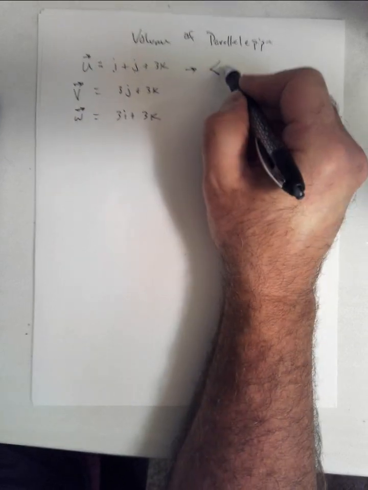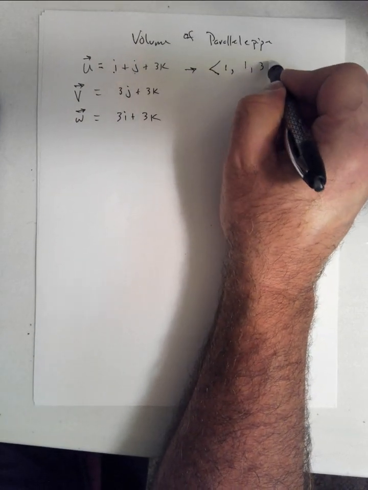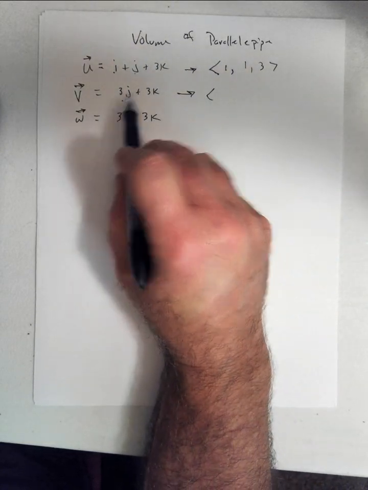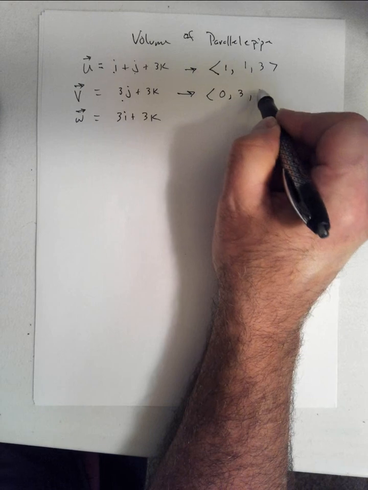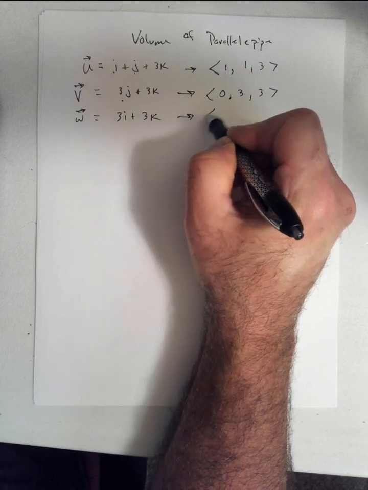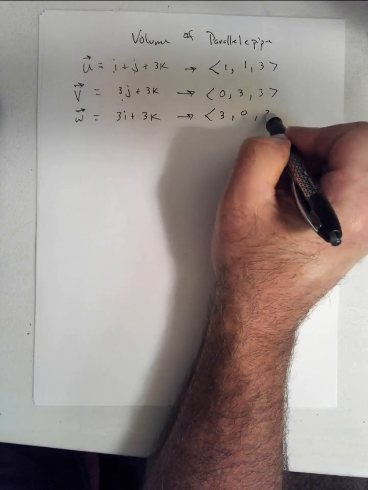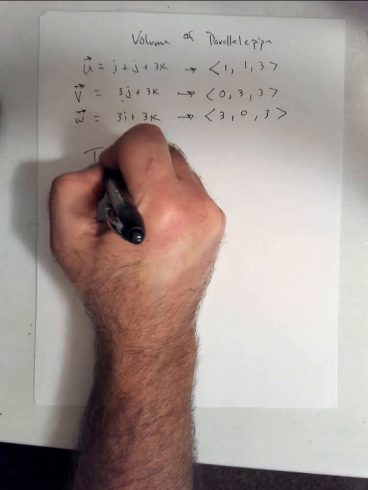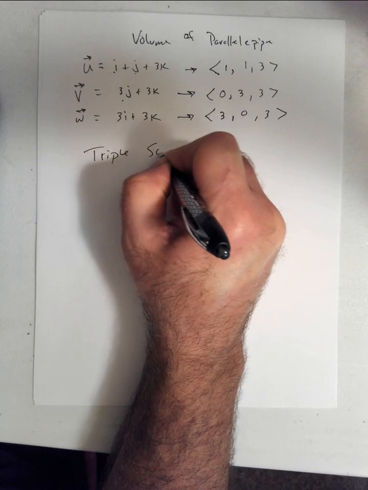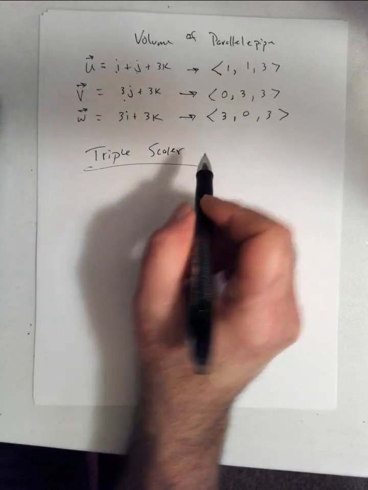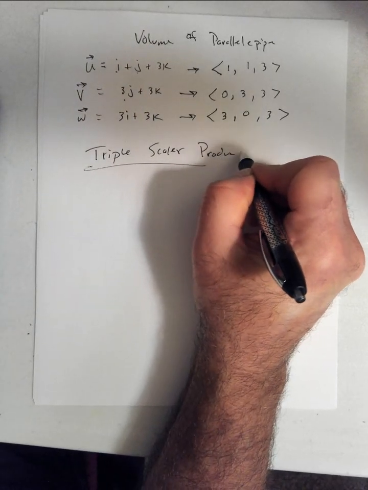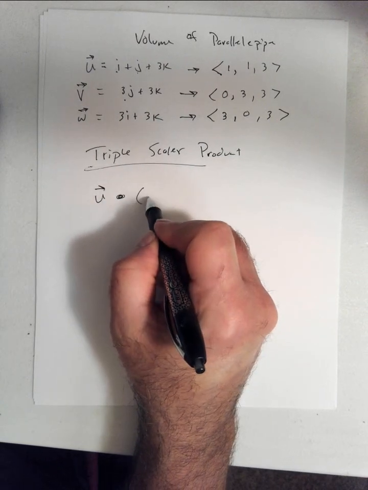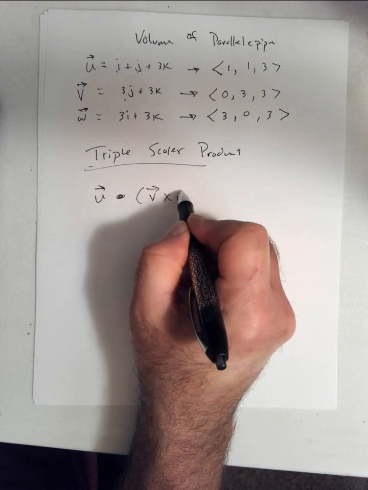So the coefficients are those, 1, 1, 3 is U. i is 0 here, j, k, and here, j is 0. So those are your three vectors. So again, we want to perform the triple scalar product, which is U dot V cross W.